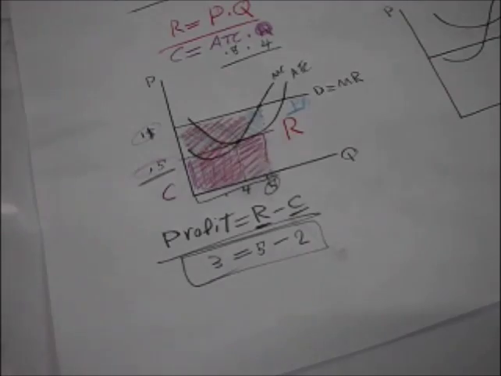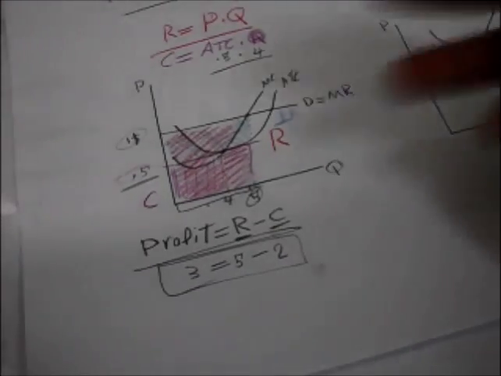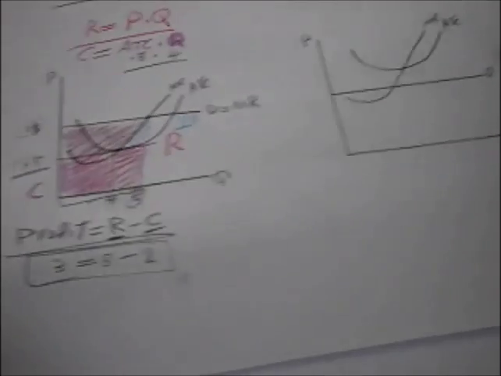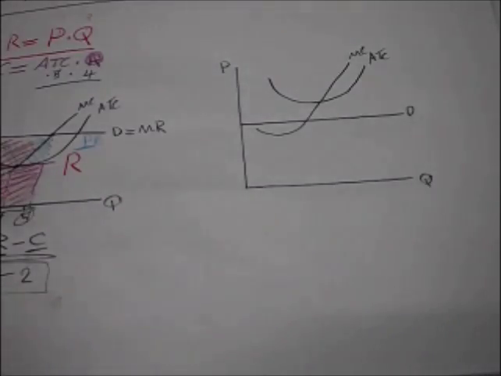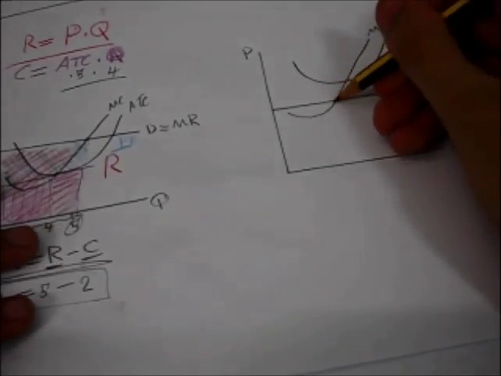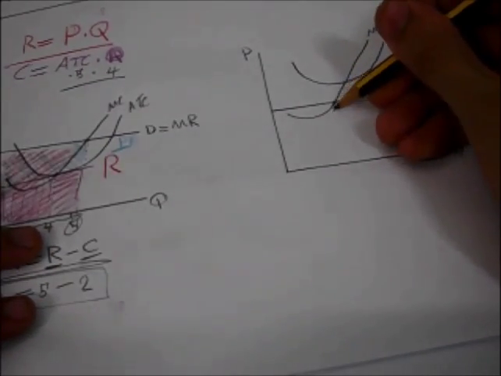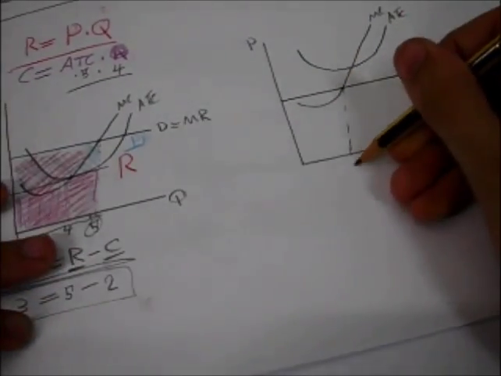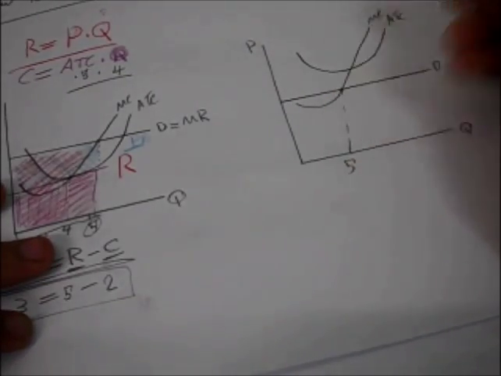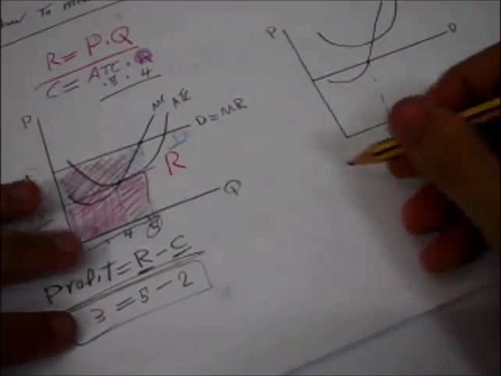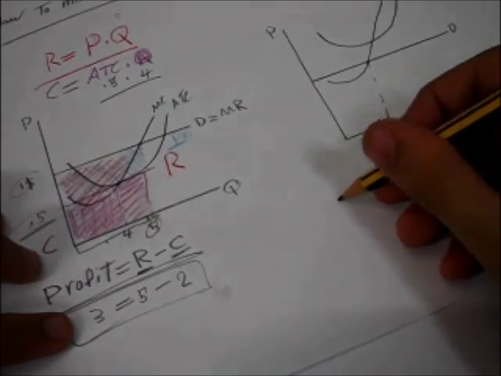So I hope by now you understand how to measure the profitability of the firm. Now let's take it from the other side: how to measure the loss. Here's the level that the firm is operating on, which is 5. So we want to know the profit first.